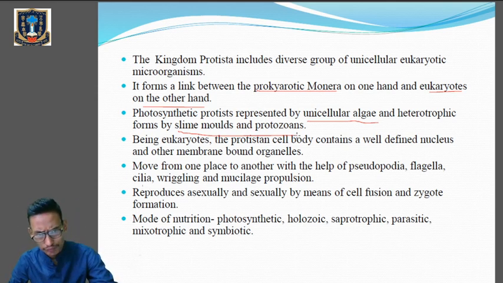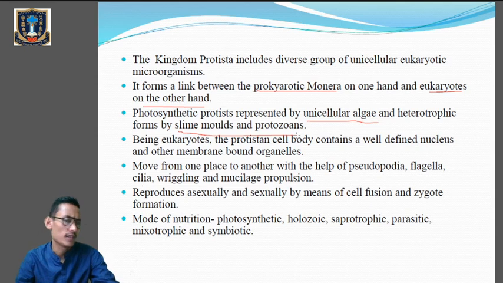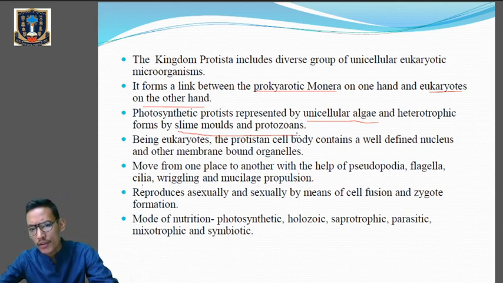Next one, these Protistans move from one place to another, that means locomotion. They move with the help of pseudopodia. Pseudo means false, F-A-L-S-E, write down the meaning. Pseudo means false, podia means leg. So they have a false foot or false leg.